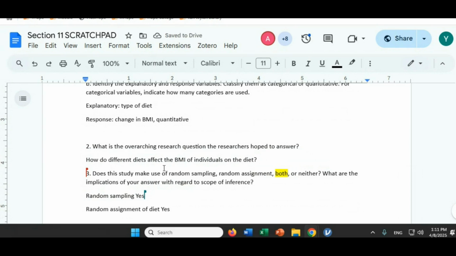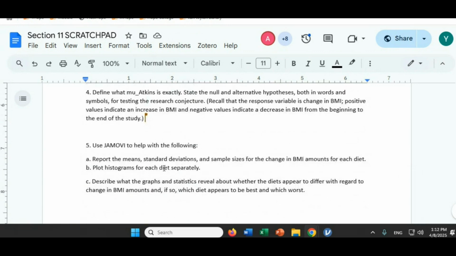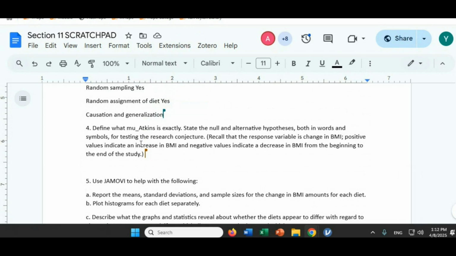What are the implications of your answer with regard to the scope? When you say scope, it means how far can you take your conclusions? Anyone know the answer to this? The fact that you had random assignment means, yes, very good, you can make causation. In other words, if you find that one particular diet is associated with a greater change in BMI, you can say that diet caused it because there was random assignment of the diet. Very good. Generalization is because there was a random sample.